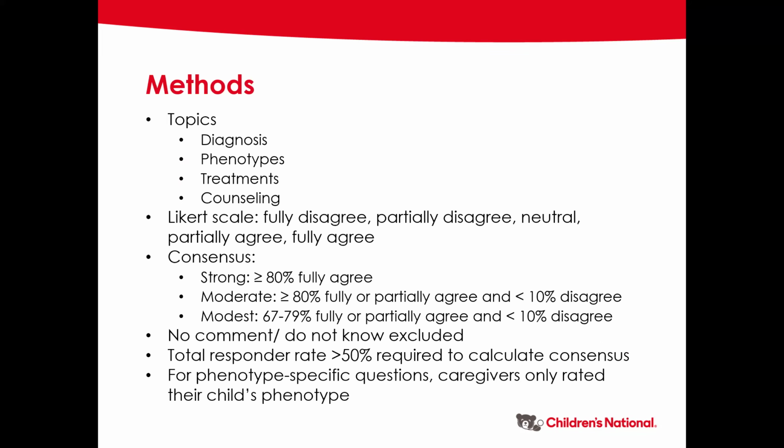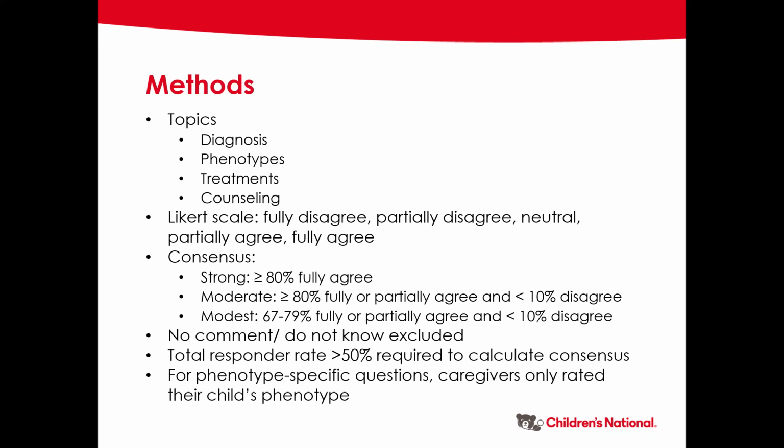So we're focusing on diagnosis, phenotypes, treatments, and counseling. Questions were mostly asked via a Likert scale, so whether it went anywhere from fully disagree with the statement to fully agree with the statement, and consensus was defined as either strong, moderate, or modest, or not present.